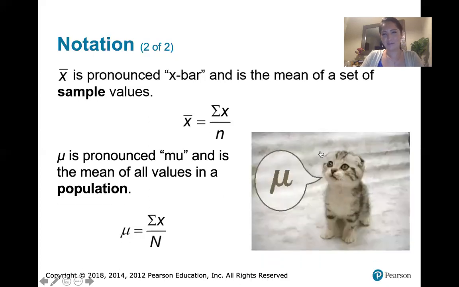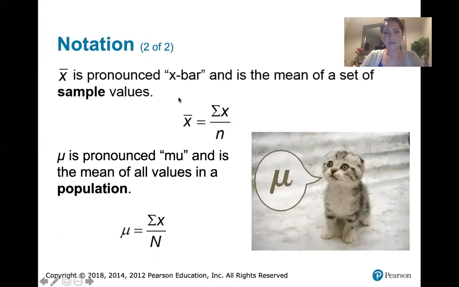I saw this image on Facebook years ago, and I thought it was so cute, so I wanted to include it in the slide. Mu is what we use to represent the population mean. It's calculated in pretty much the same way. You take the sum of all of those values and you divide by the size of the list of values that you're looking at. But when we're talking about mu, we're talking about the mean for everyone, for the entire population.